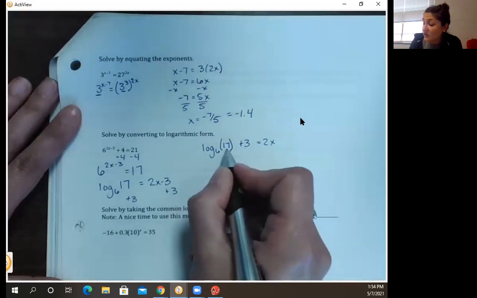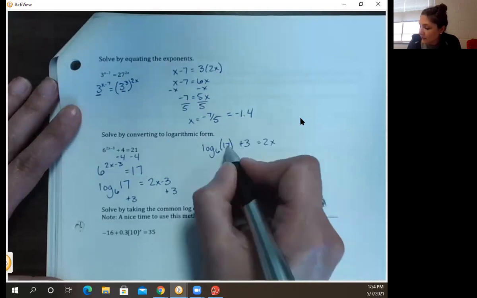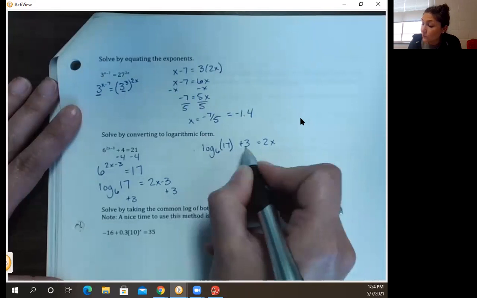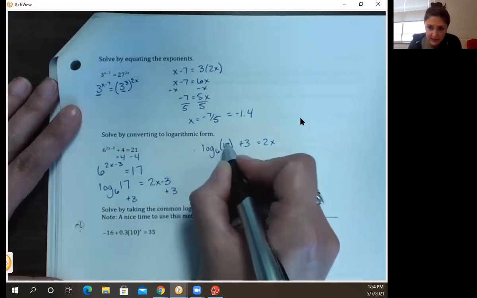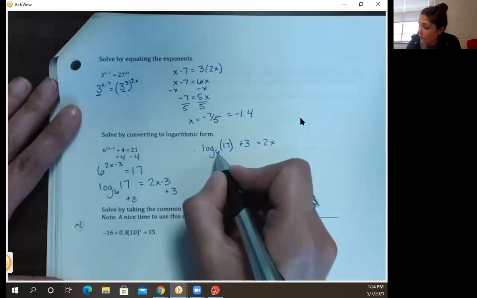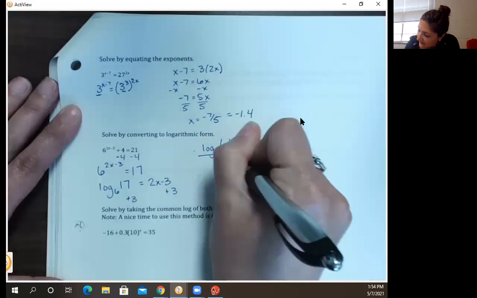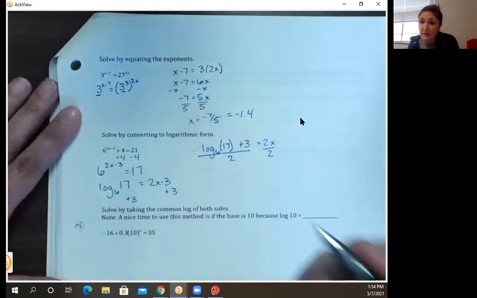I'm not adding it into the 17. It's separate, okay? So this log base 6 of 17 is its own number. I have to add 3 to whatever this number is. I don't want to do anything with the argument. I'm leaving those alone. And then my last step, divide by 2, means I'm going to divide this entire side by 2. And now this is what I'm going to type into my calculator.